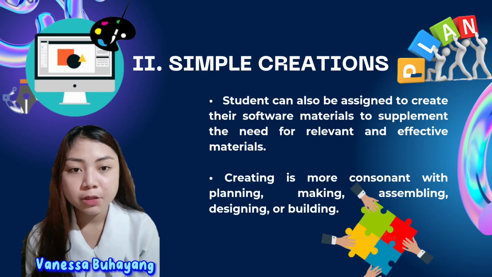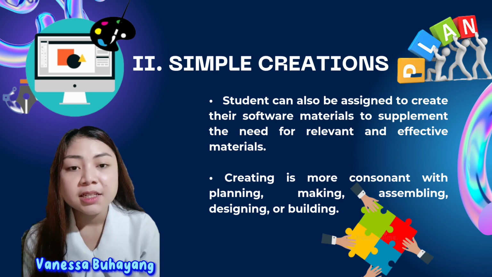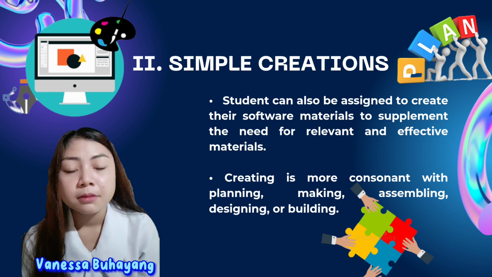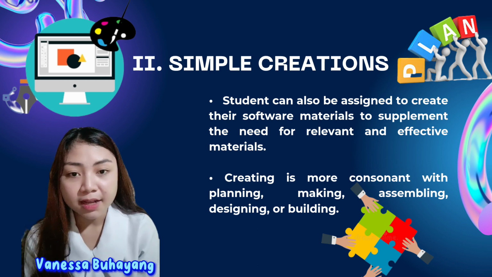Let's proceed to the second one, which is simple creations. Students can also be assigned to create their own software materials to supplement the need for relevant and effective materials. Creating is more consonant with planning, making, assembling, designing, or building.